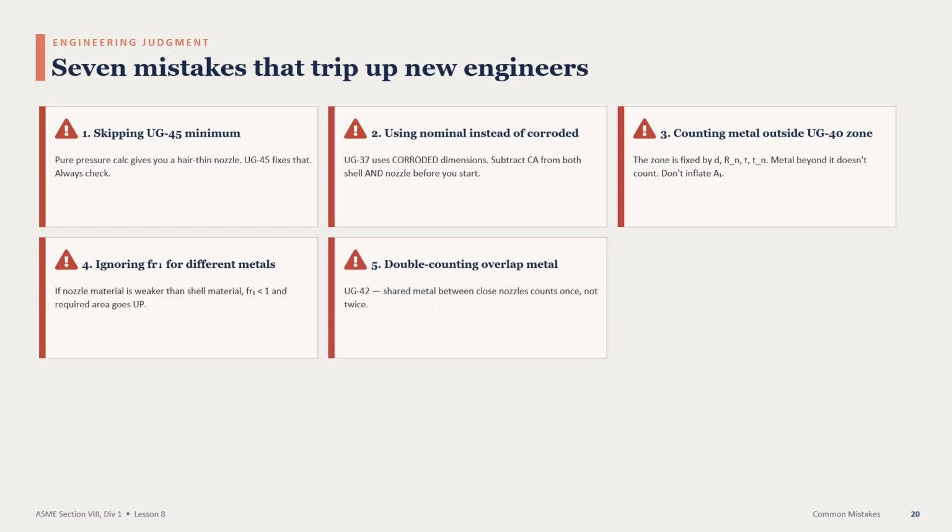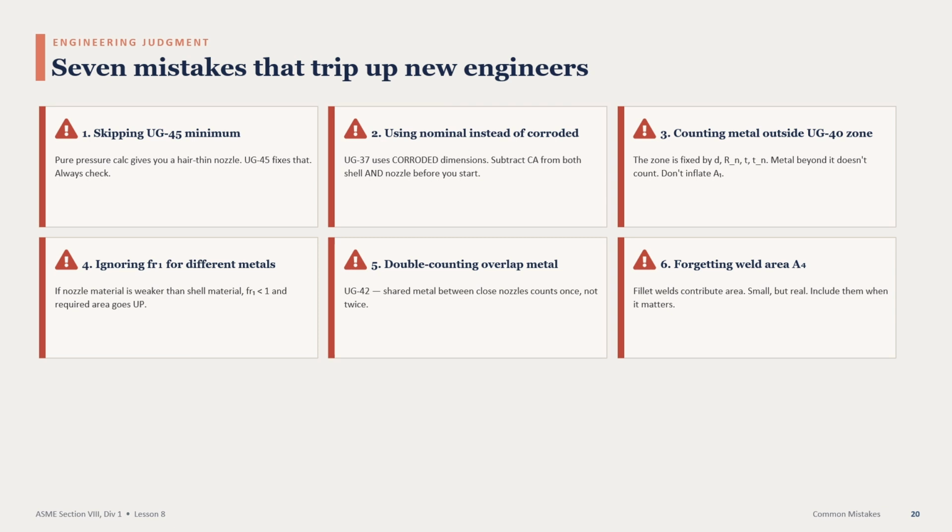5. Double counting overlap metal. UG-42 shared metal between two closed nozzles counts once, not twice. 6. Forgetting the weld area A4. Fillet welds contribute area. Small but real.